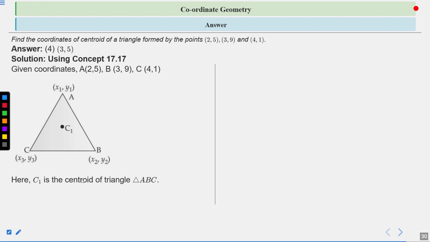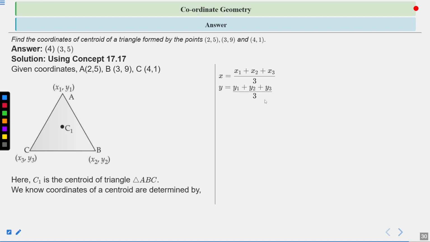And C1 is our centroid of the triangle ABC. So we know that the coordinates of the centroid are determined by x equals x1 plus x2 plus x3 by 3 and y equals y1 plus y2 plus y3 by 3. So in triangle ABC, x1 we got 2, y1 we got 5, x2 we got 3, y2 we got 9, x3 is 4, y3 is 1.